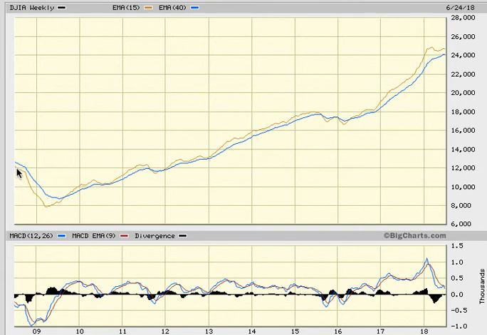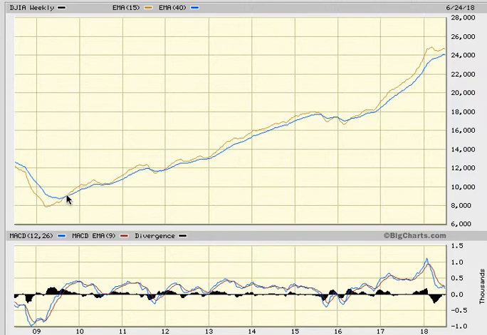As you can see, if we go back into 2008, the 15 was beneath the 40. Trend down, bear market. And in the early middle part of 2009, what happened? We had a cross, meaning, of course, the 15-week went above the 40-week.